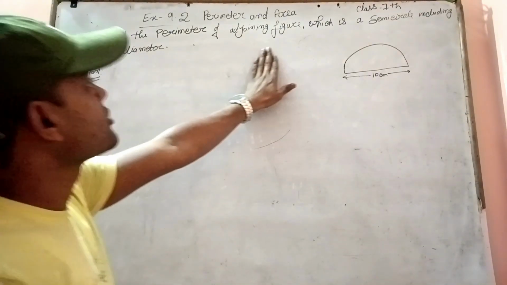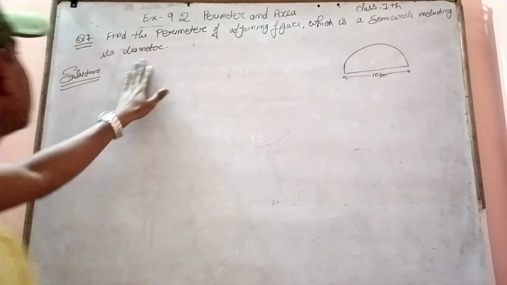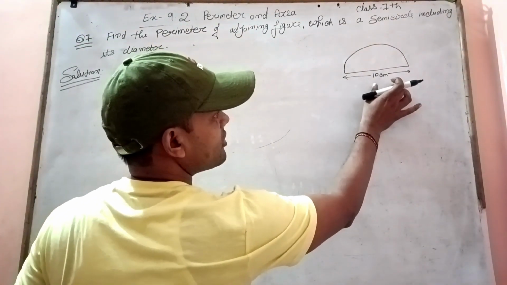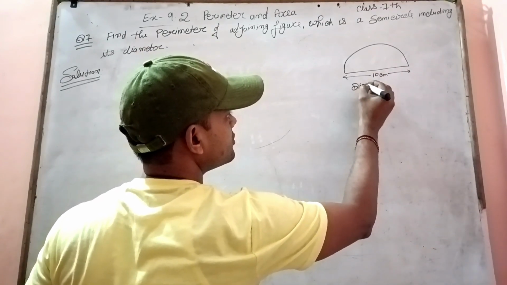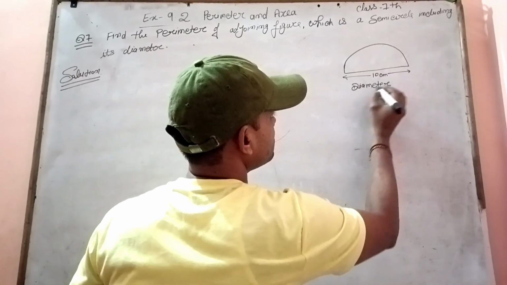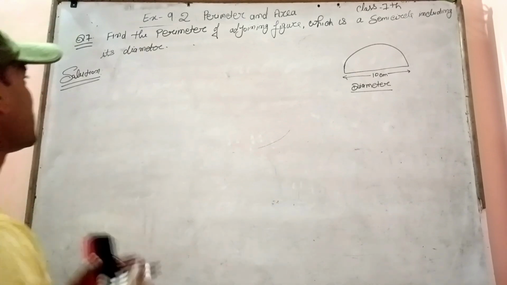Find the perimeter of the adjoining figure, which is a semicircle including its diameter. This is the diameter of this circle. Diameter is 10 centimeter.